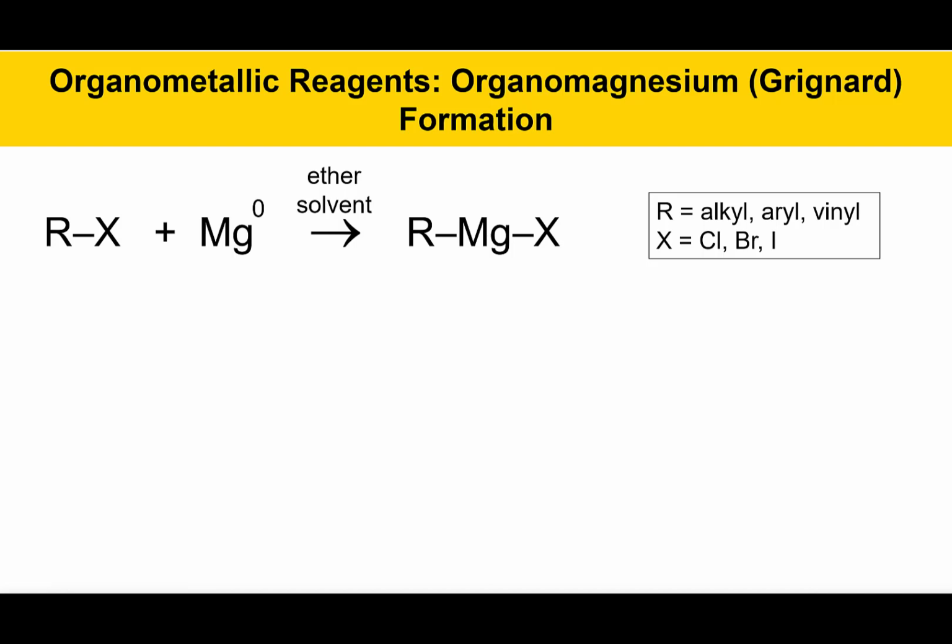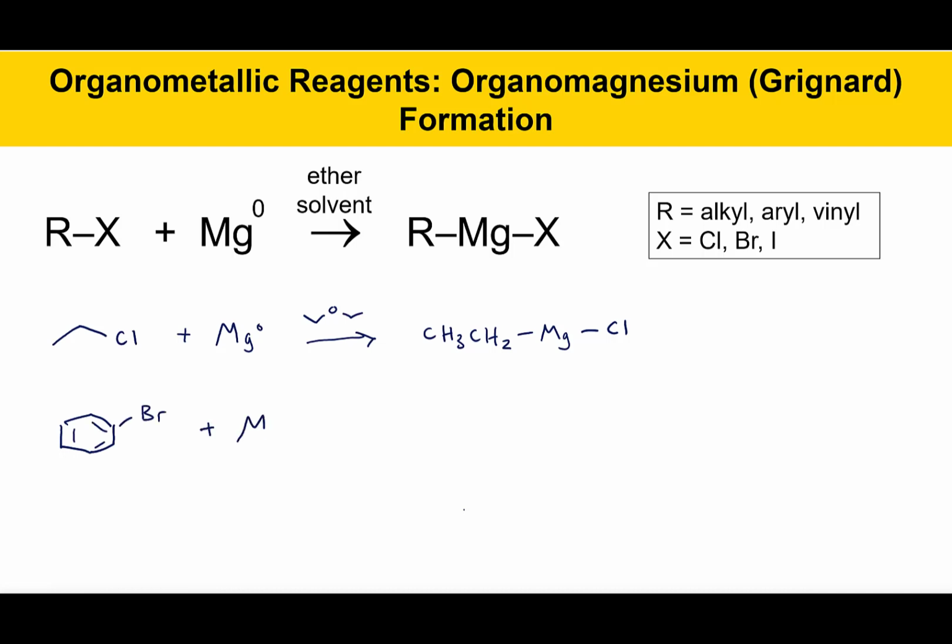Here are some examples of Grignard reagent formations. Here, chloroethane is going to react with magnesium metal with ether as a solvent to give ethyl Grignard reagent. In this next example, I'll have phenyl bromide react with magnesium metal, and again, I'll use diethyl ether as a solvent, and that gives phenyl Grignard reagent, which is the reagent we used in a recent lab experiment.